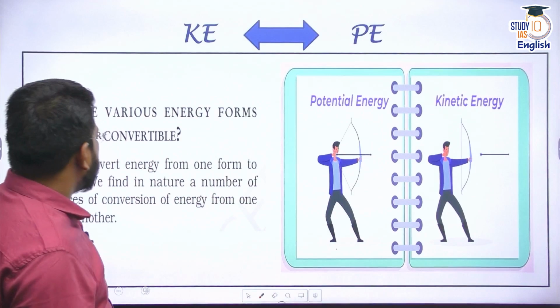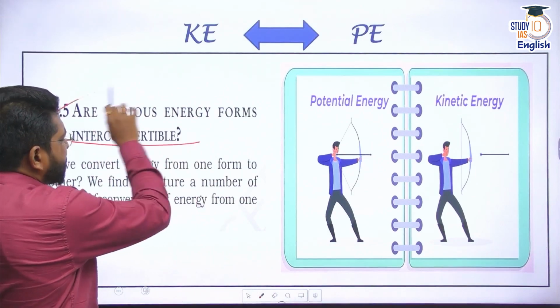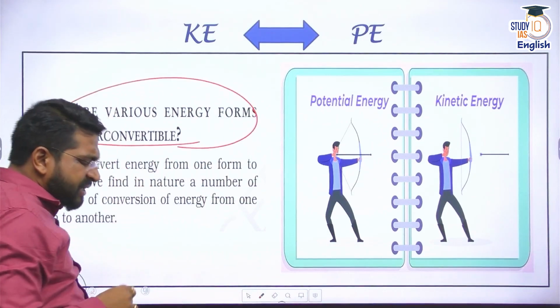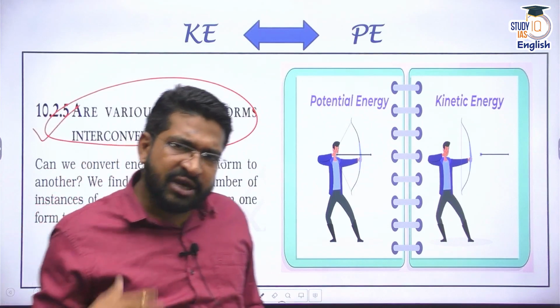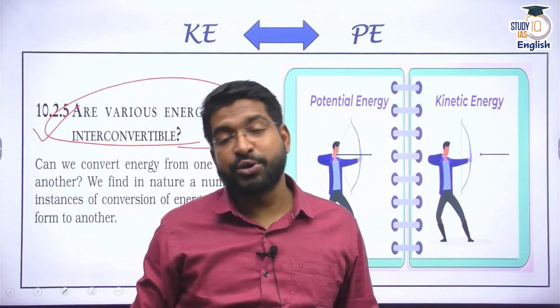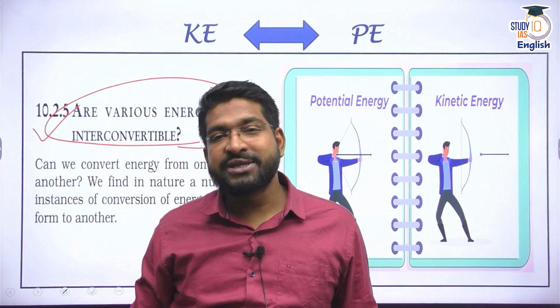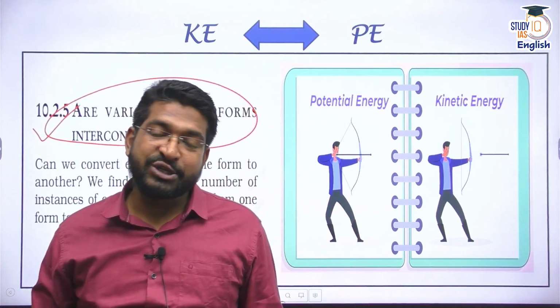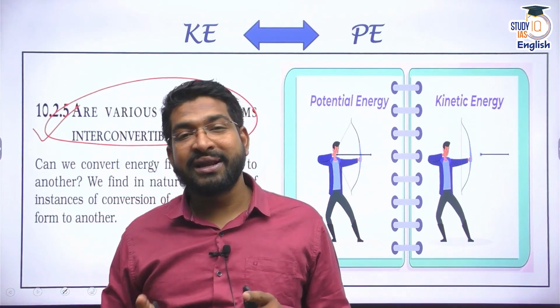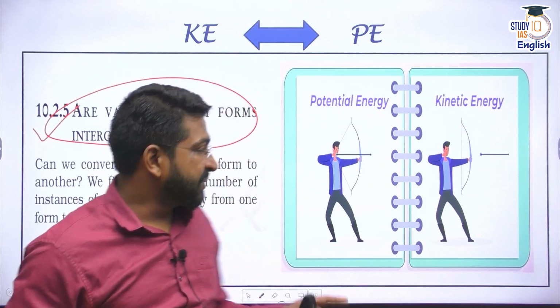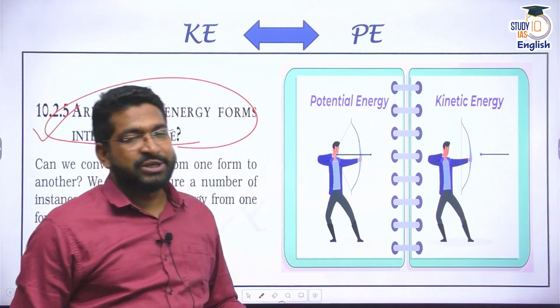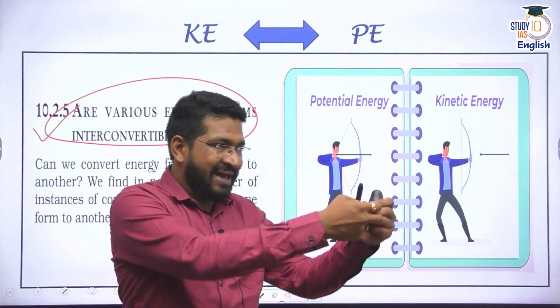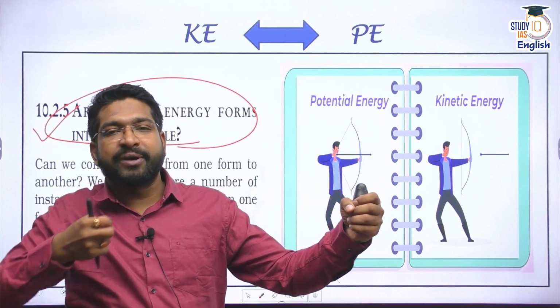The next thing is that since we have different forms of energy, do we see that one form of energy is converted into another? Yes, of course. Potential energy can be converted into kinetic energy. Kinetic energy can be converted into potential energy. For example, here, this particular person has now pulled that string.